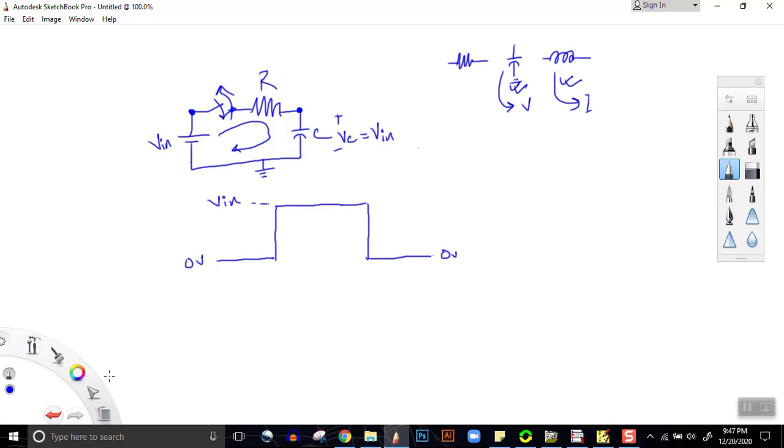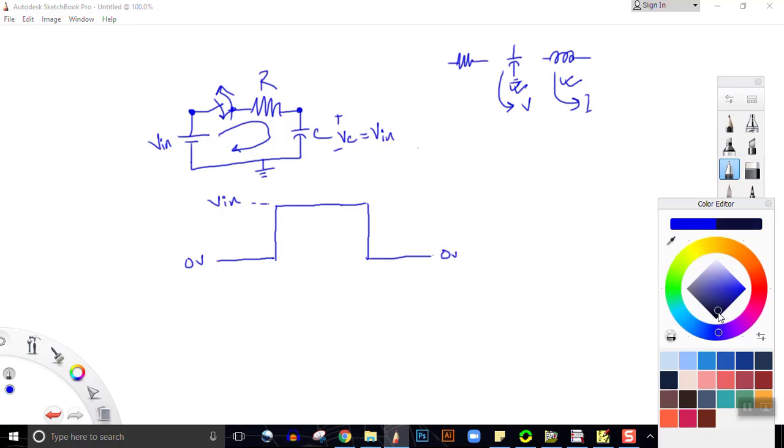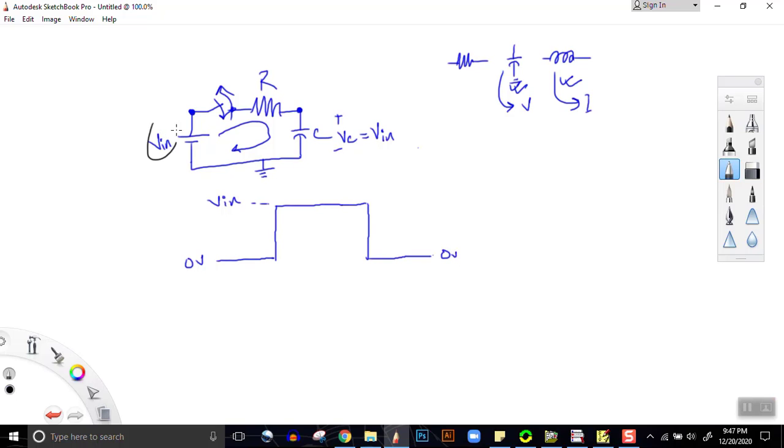Now what I have told you so far is that this voltage will get stored in this capacitor till the time that Vc is equal to V in. So when the switch was off, the capacitor was discharged and the voltage across the capacitor was 0 as well. When the switch is on, the capacitor will start getting charged, but because of the presence of this resistance, it will charge slowly.